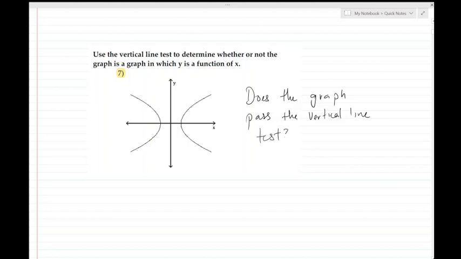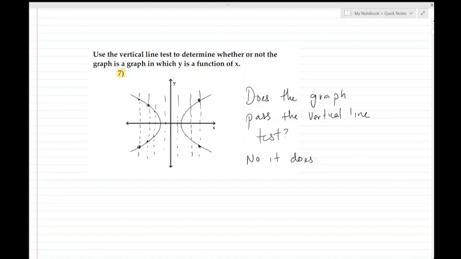Meaning that if I was to run a vertical line all the way from the left to all the way to the right, does the vertical line only touch once? And the answer is no, right? Because there are several places where my vertical line touches the graph of the function twice. So, in other words, no, it doesn't pass the vertical line test.